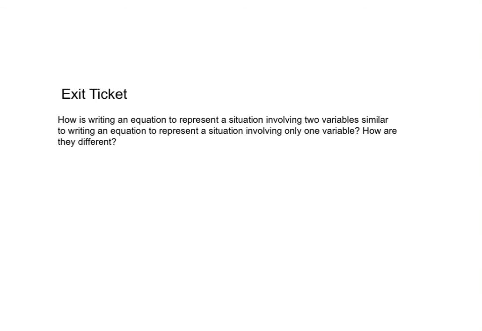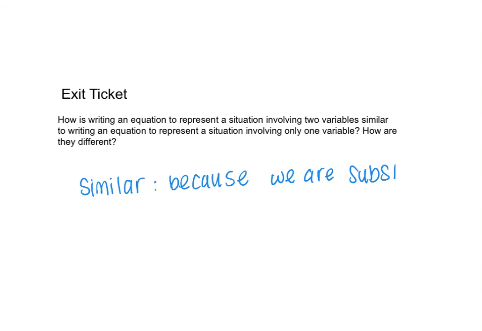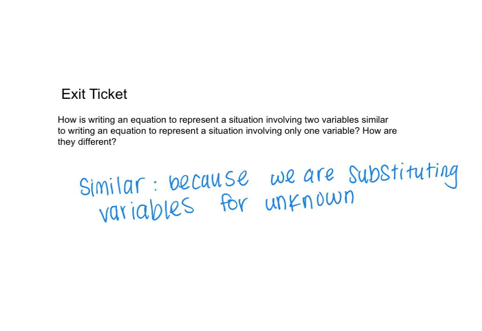I want you to think about this one and write down your answer, and then we'll write down my answer afterwards. So how is writing an equation to represent a situation involving two variables similar? So they're similar because we are substituting variables for unknown conditions.